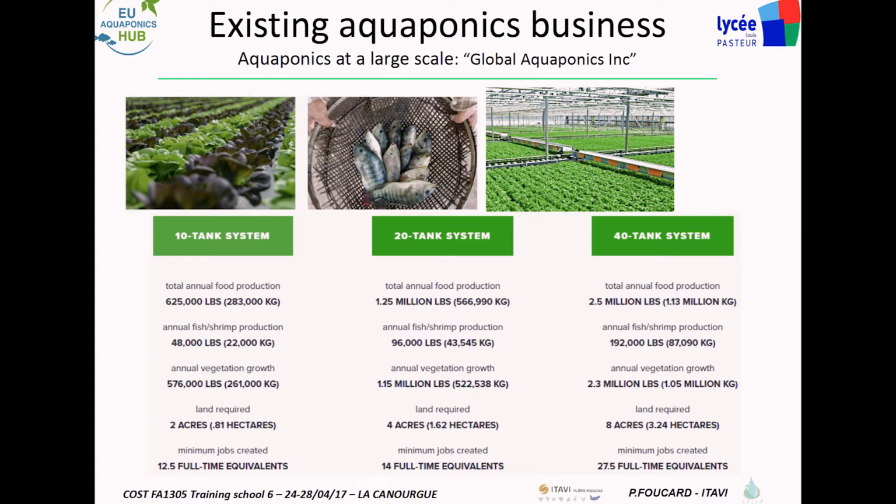And so they put the sizing for 10 tanks, 20 tanks, 40 tanks, and in parallel they put the surface that you should have with this kind of system and the full-time equivalents that are needed. So you can see the economy of scale that is possible.